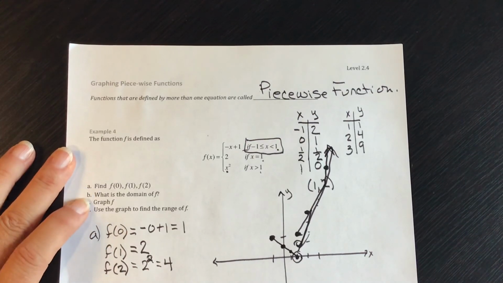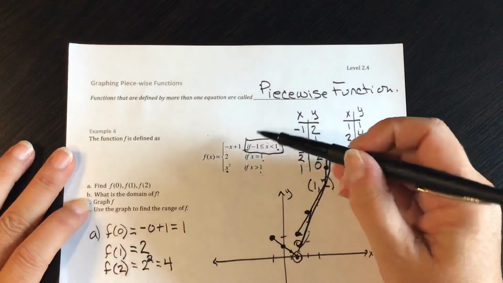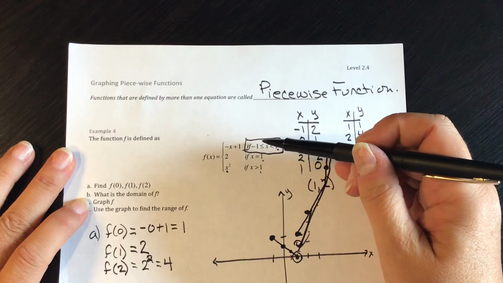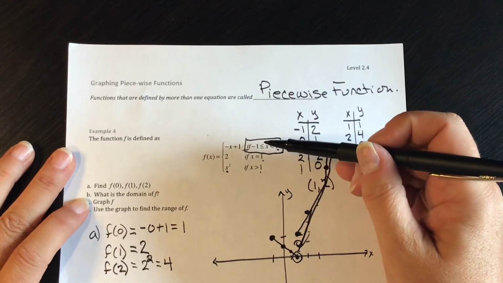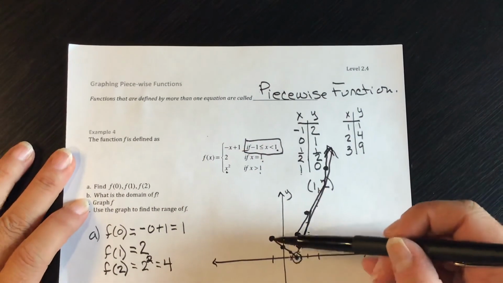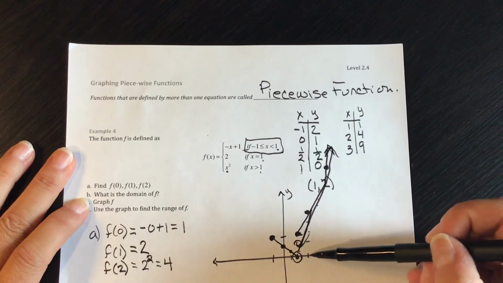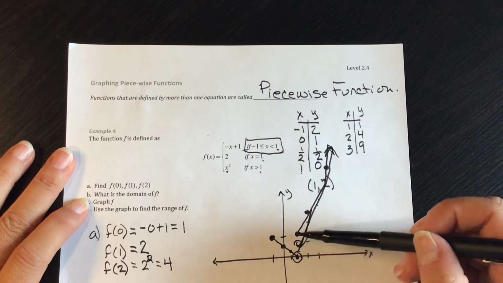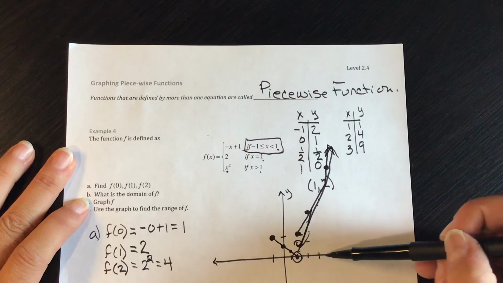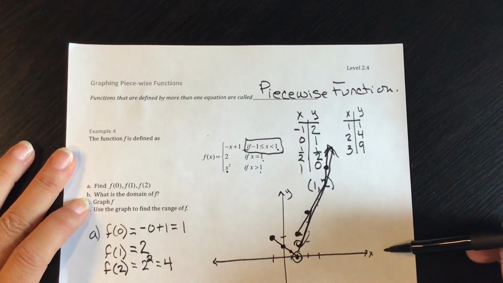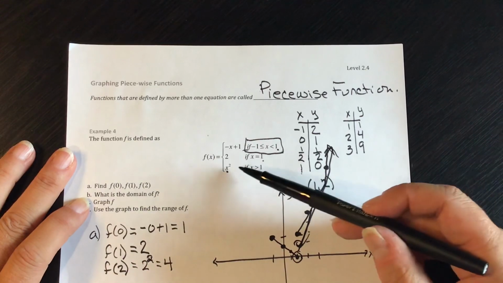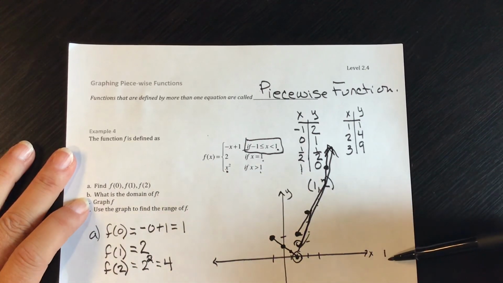So now I'm looking for the domain. And if I look here, all of my x values start at -1, and they continue, and even +1 has a value on this function, and it continues to infinity, because I could put the number 49 in, that's greater than 1, and square it and get a number.